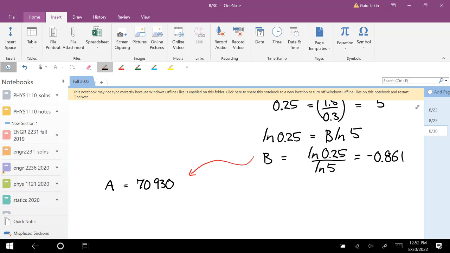All right, so now we can finally express P as a function of volume. P is equal to 70,930 times V to the negative 0.861.